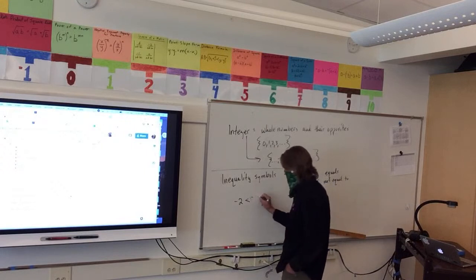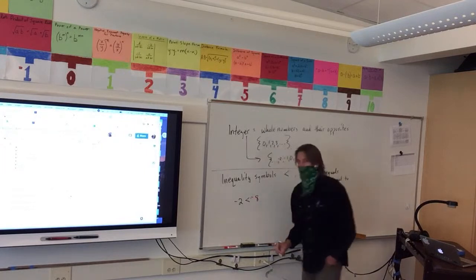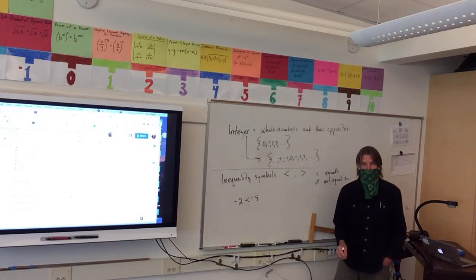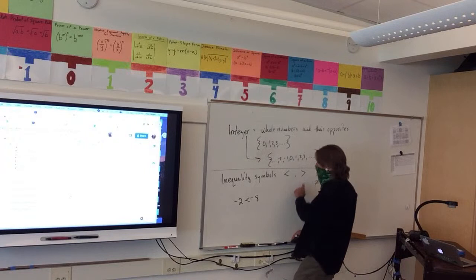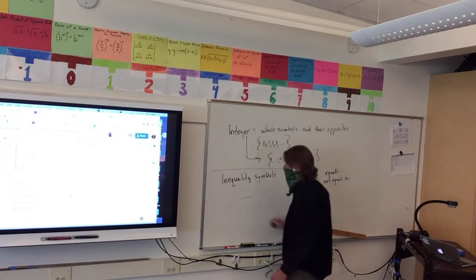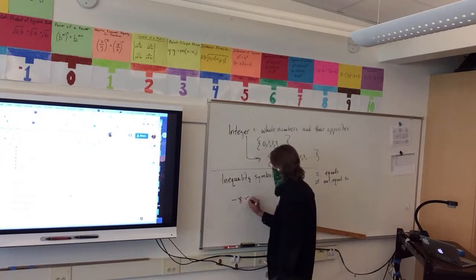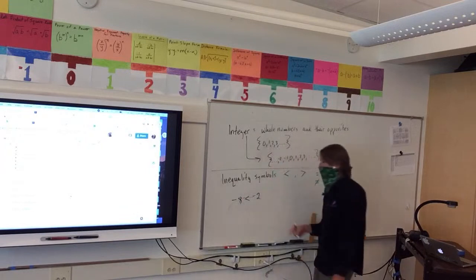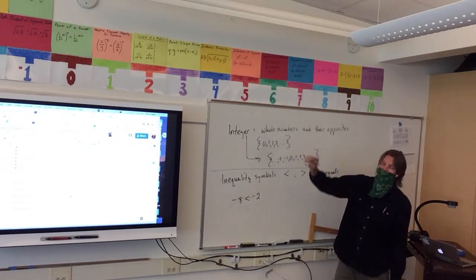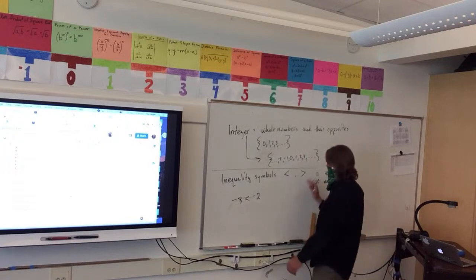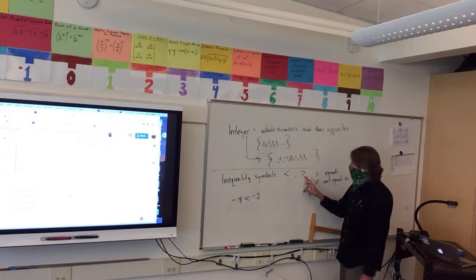So before you go and write everything, is this correct? False. What's wrong? The arrow's pointing the wrong way. And so we want to use the other inequality, right? So we could write it like this, -8 is less than -2. Is that true? Yes. Just look at the number line. So which one's the greater than one? This is greater than.